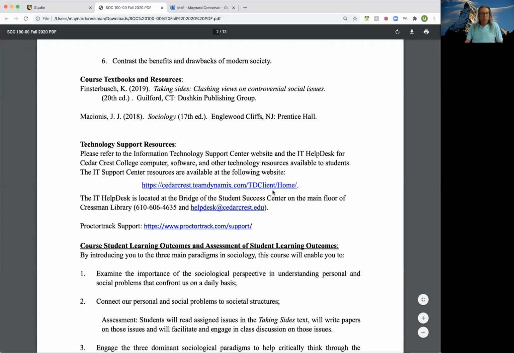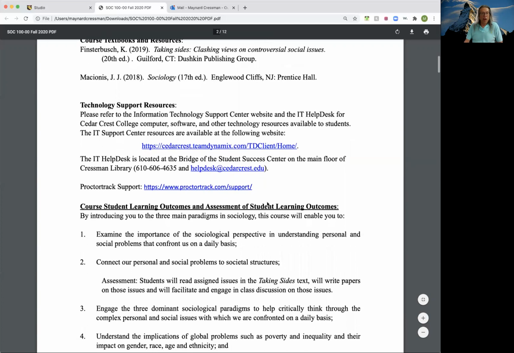Okay, technology support services. If you need help with anything having to do with getting online, check these areas out, the IT help desk. Also, you will notice if you go to the far left navigation area in Canvas, where it's in the black framing, you will see at the bottom a question mark.